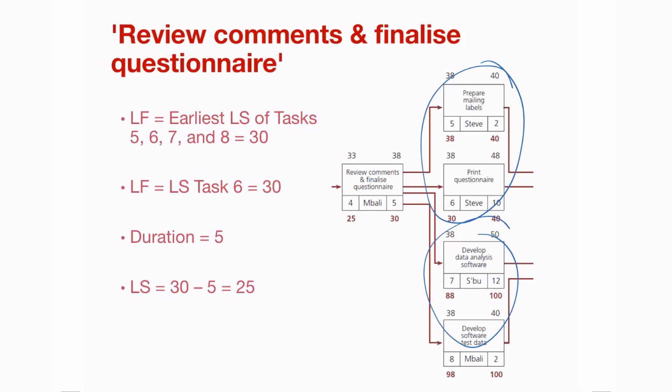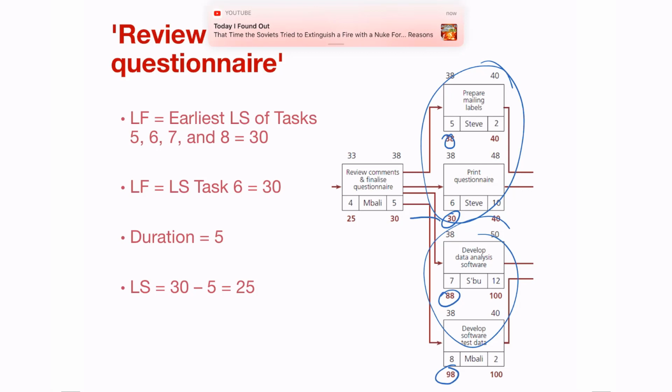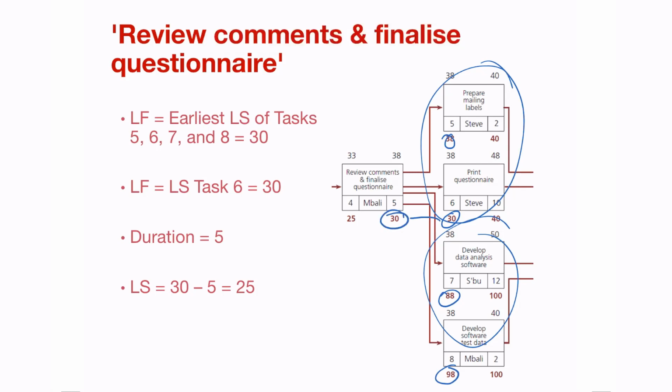Instead of looking at the highest number, we look at the lowest number. So it's 38, 30, 88, and 98. So it is on day 30. That means that day 30 is the latest that the review of comments and the finalization of the questionnaire can take place. That takes 5 days, which leaves you on day 25.